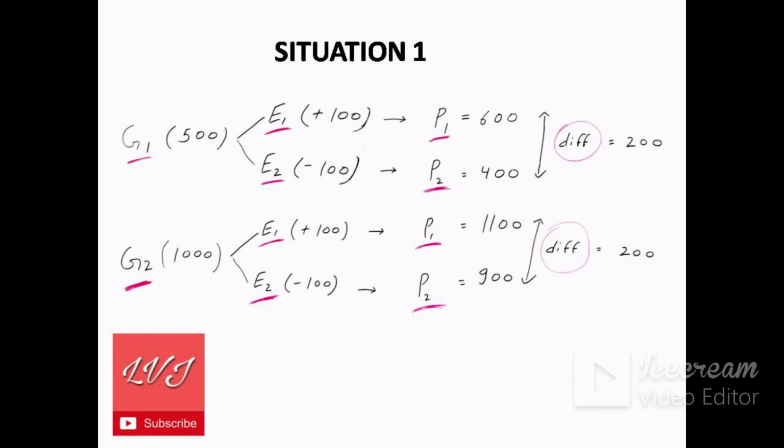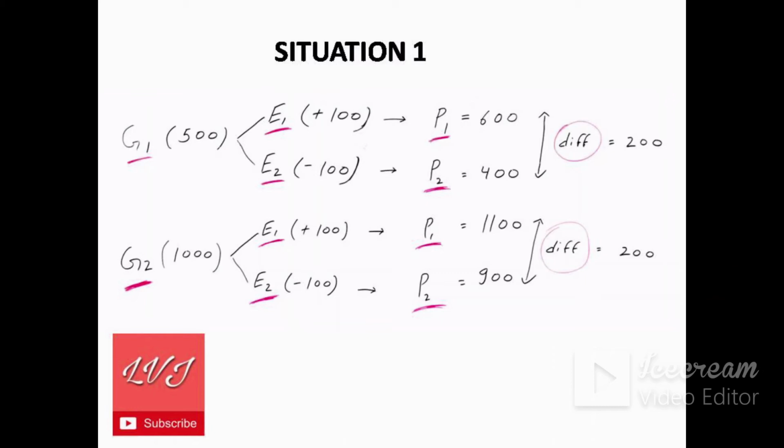So the phenotypic value for genotype 2 in the first environment will be 1000 plus 100 equal to 1100, and the phenotypic value for the second genotype in the second environment will be 1000 minus 100 equal to 900 kg. Here the difference in the performance is 1100 minus 900 equal to 200.